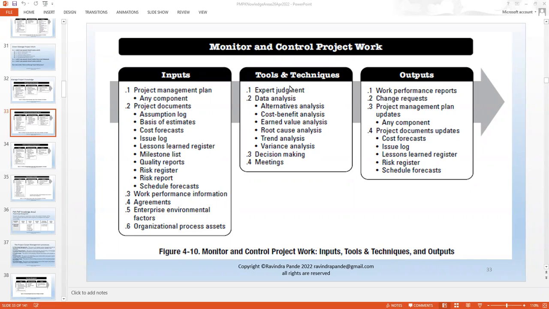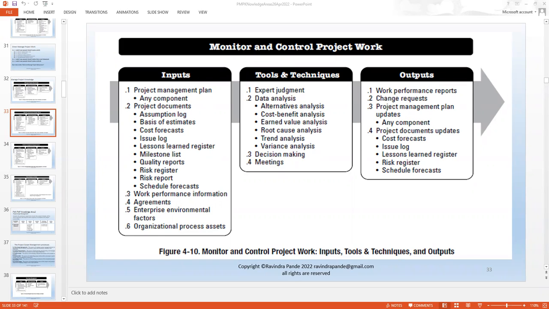Then we have something called earned value analysis. Now, earned value analysis is one of PMI's most proprietary thought processes, where they try to determine the cost of work done at a particular point. And for that, we have a special video to understand how earned value analysis is performed.